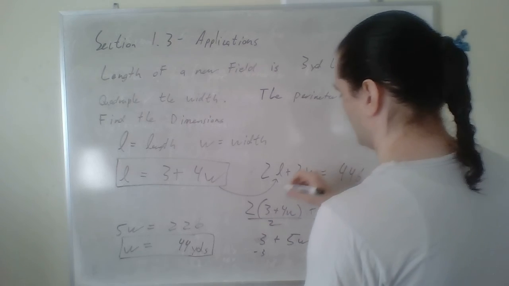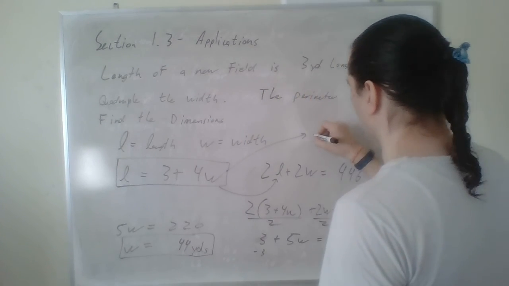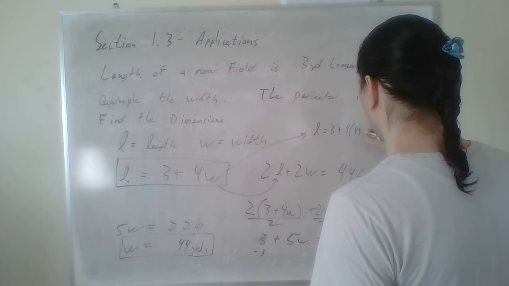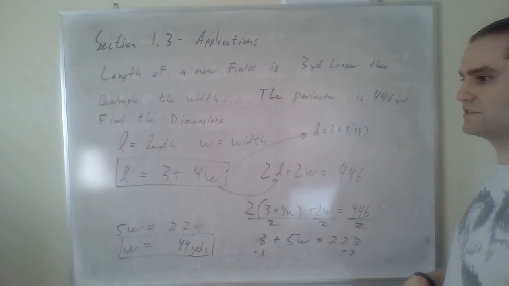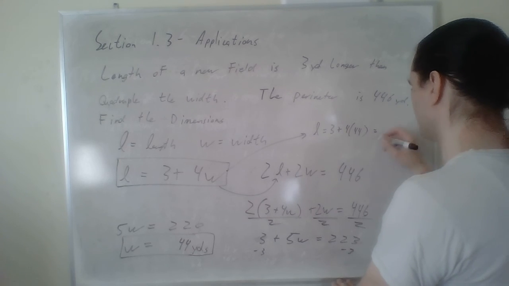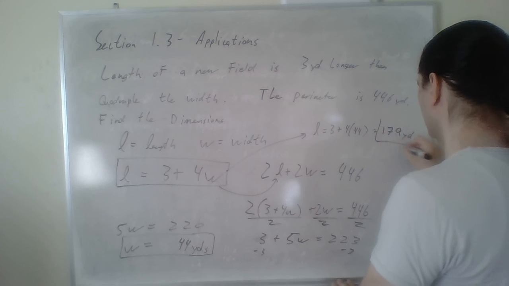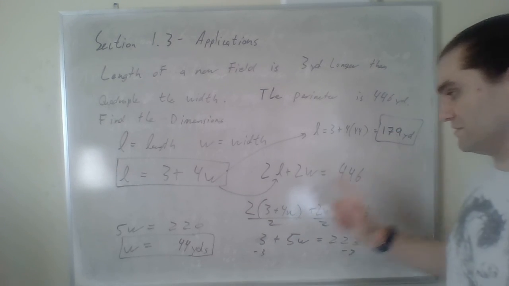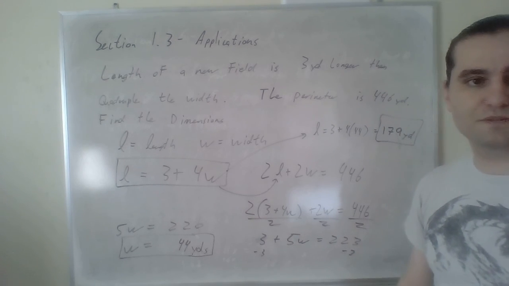We know that the length is 3 plus 4 times 44 yards. 4 times 44 is 176. Plus 3 is 179 yards. So there's your dimensions. The dimensions of this field are 179 yards by 44 yards.